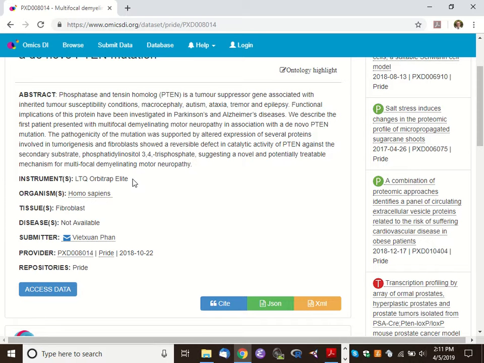And it says it was collected on an instrument called an LTQ Orbitrap Elite. Okay, so we don't have an LTQ Orbitrap Elite in South Africa, to my knowledge. We have several instruments that are actually better than that, but the LTQ Orbitrap Elite is a somewhat older instrument than like the Fusion that we have over at CAF. The Fusion's a pretty recent instrument.